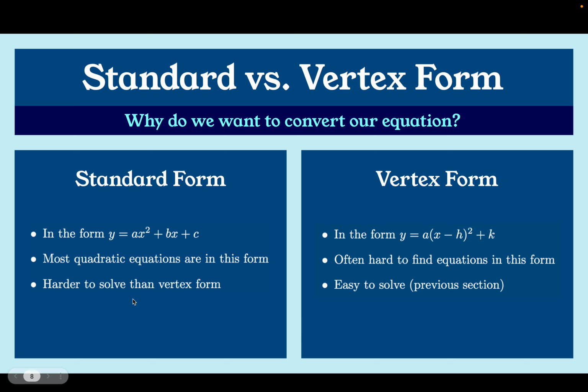On the other hand, vertex form equations are in the form y equals a times (x minus h) squared plus k, and while they are easier to solve, since we just did it, they are also not as commonly seen. Therefore, it is desirable to change quadratic equations from a commonly seen form, standard form, to an easily solvable form, vertex form.